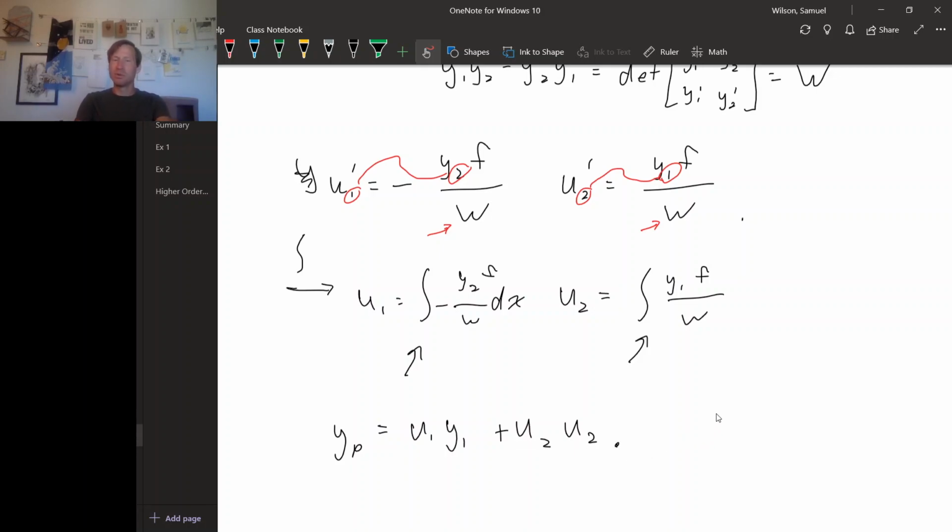Now I say in principle because in practice these integrals are often very, very difficult. But there are some examples where these integrals are things we can calculate, and in those cases we can actually find a particular solution to differential equations that we couldn't solve using undetermined coefficients.